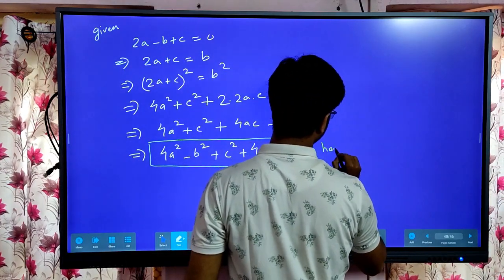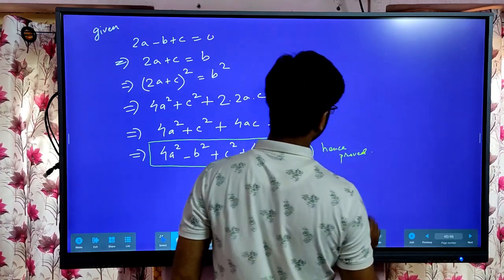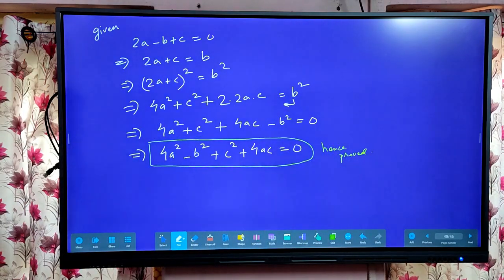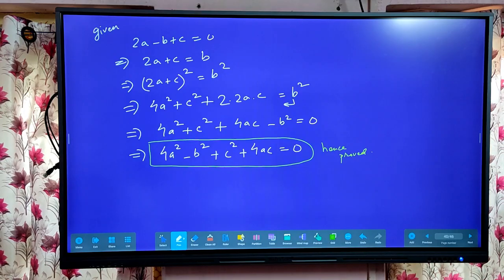So you can do this problem in 2 ways. Note it down. Note the alternate process also.